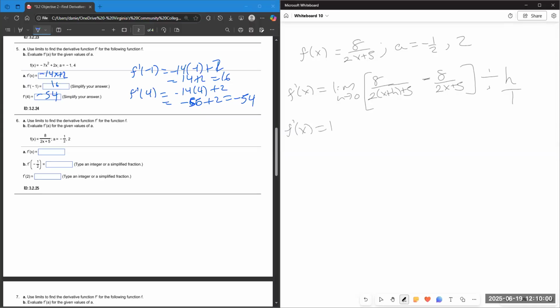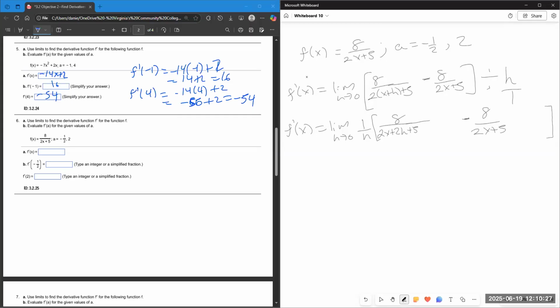f prime of x is the limit as h goes to 0. We're going to make a common denominator in just a second. I'm going to put the 1 over h over here. Then I'm going to give myself some room here: 8 over 2x plus 2h plus 5, minus 8 over 2x plus 5.